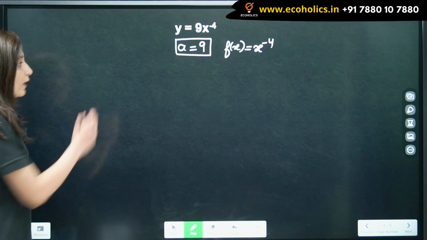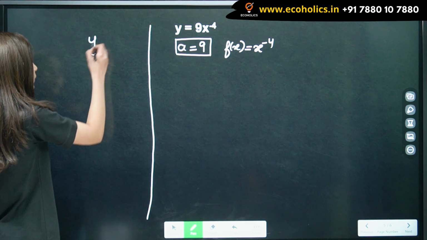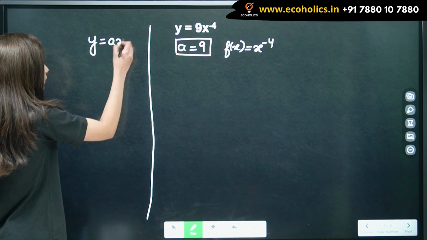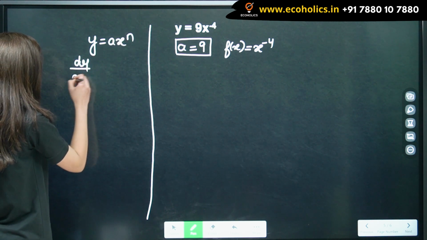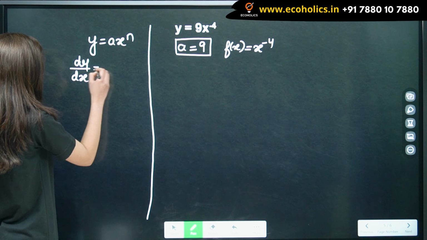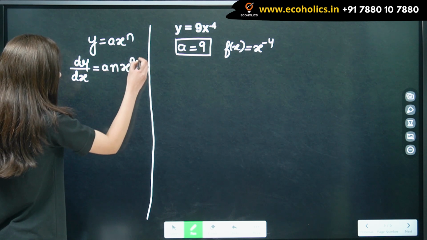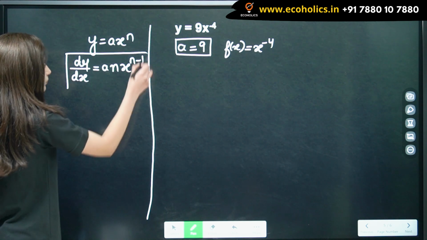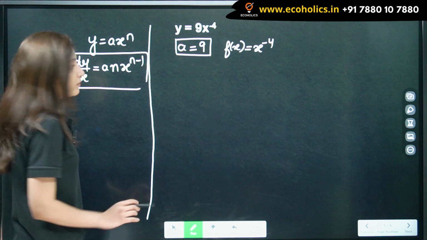Now, using the same formula of derivative, we are going to solve this.